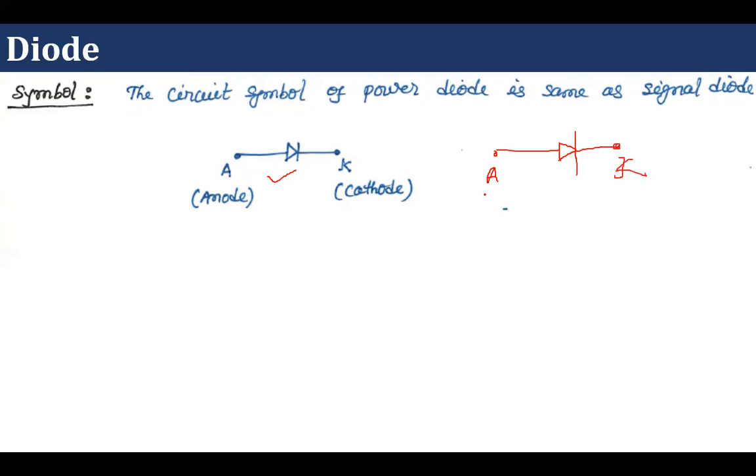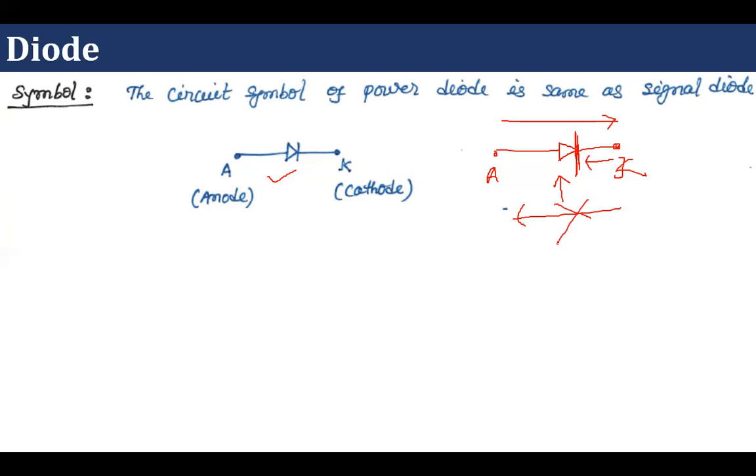From the terminal names itself, it is very clear that this device is going to allow flow of current from anode to cathode, and this arrow marking is also representing the same. And if current is trying to come from this side, this vertical line is showing it will stop it. It means flow of current from cathode to anode is not permissible.